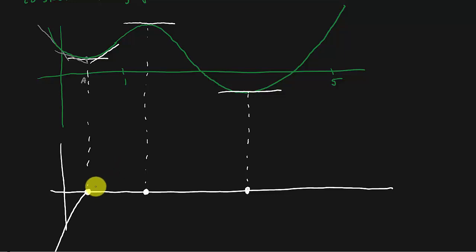So what it would do is it would come up, and then it would come back down because we have another horizontal tangent line. So it's 0 here, so it's going to come down and go through here.